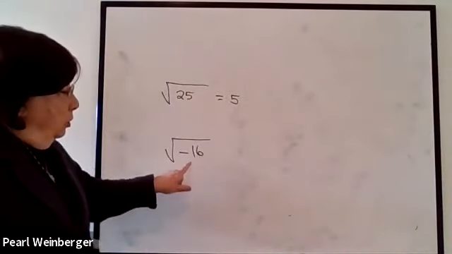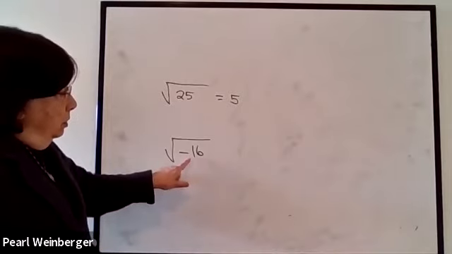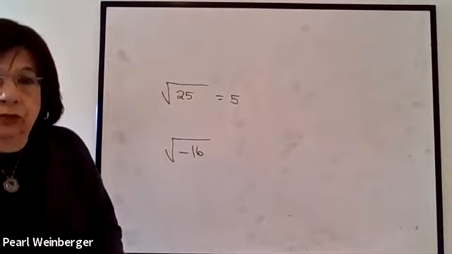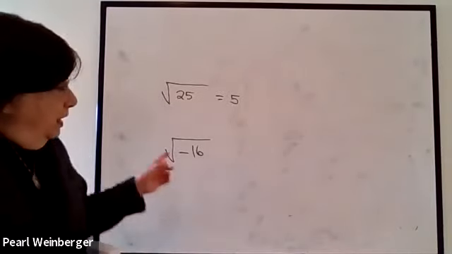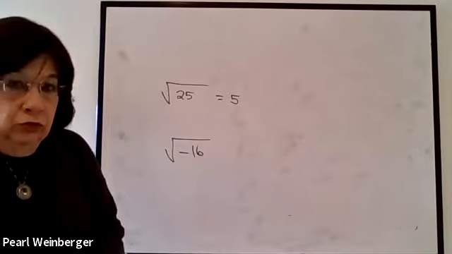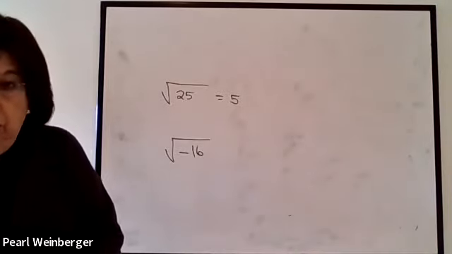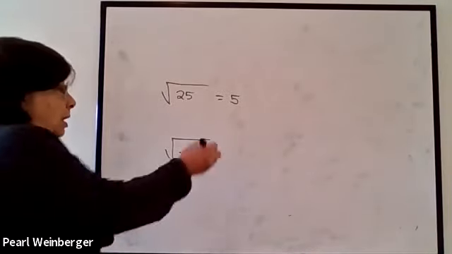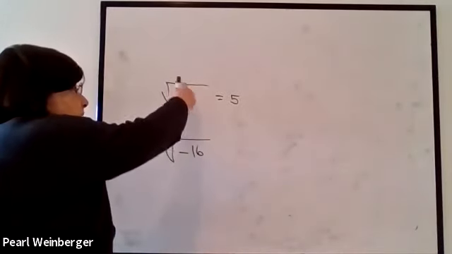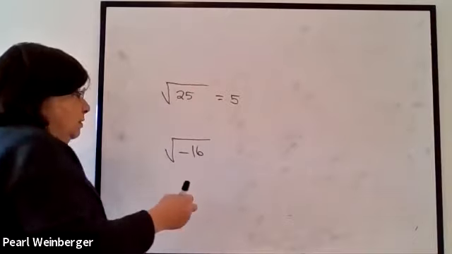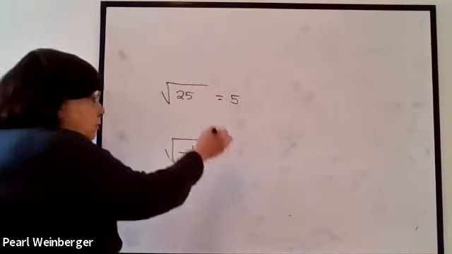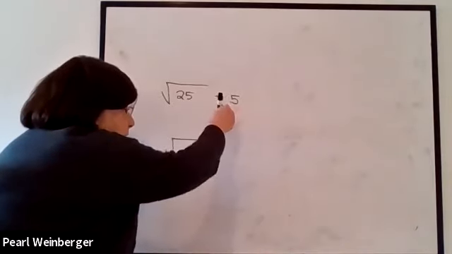Okay, so in this chapter, even though we can deal with any kind of index, we're mostly going to be concerned with square roots, and that means the index is even. So the numbers inside our square roots have to be positive numbers in order to get real answers.